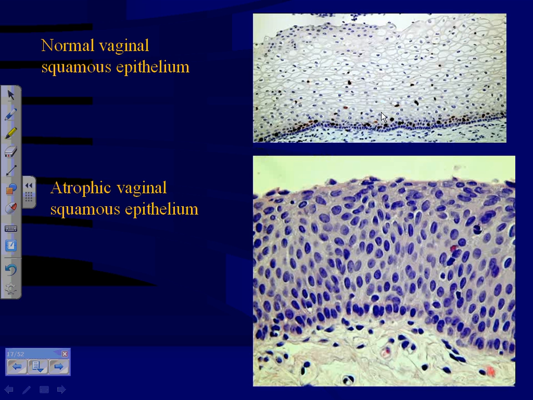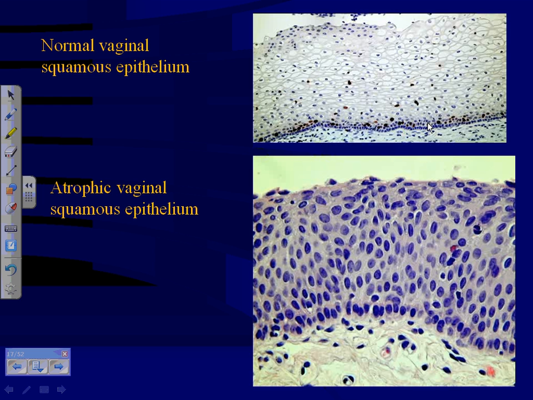Again, here's a good example of that. Here's the normal, this is from the vagina now, but remember the vagina is also squamous epithelium, and it's going to show you some of the same responses as a cervical squamous epithelium. And it also responds to estrogen. This is an interesting histology slide because there's a special stain here that's highlighting some of the nuclei.